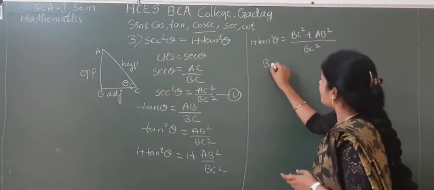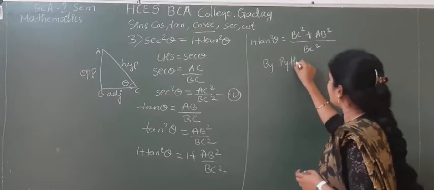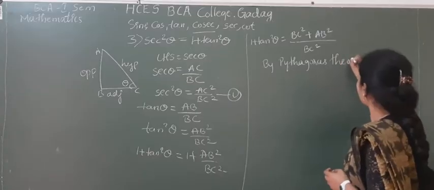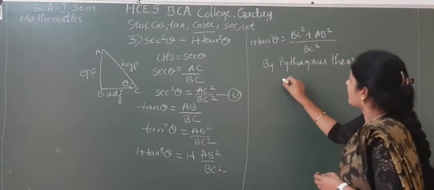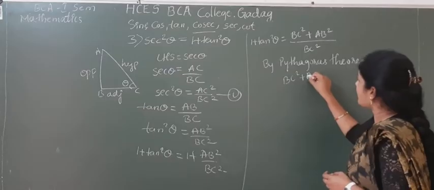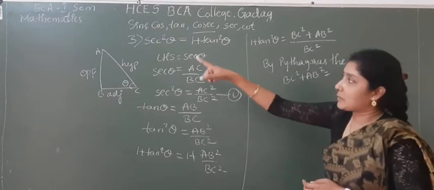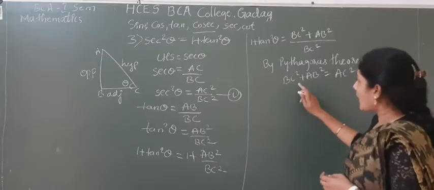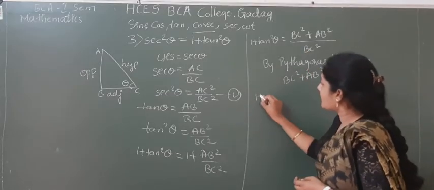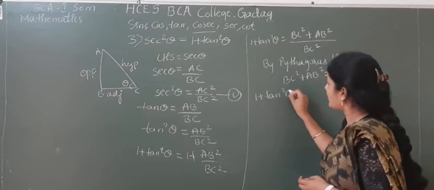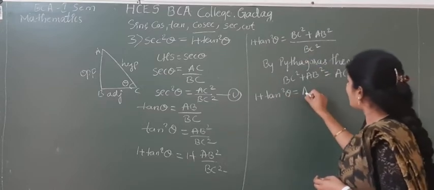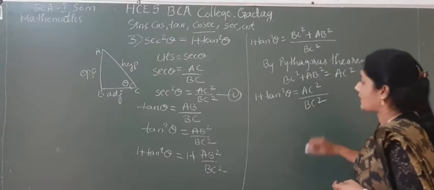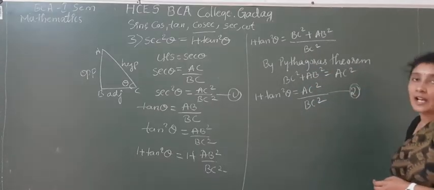So by Pythagoras theorem, this BC square plus AB square is nothing but AC square. So now put this here, we get 1 plus tan square theta is equal to AC square divided by BC square. So this is our RHS.